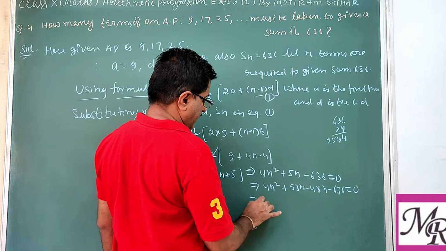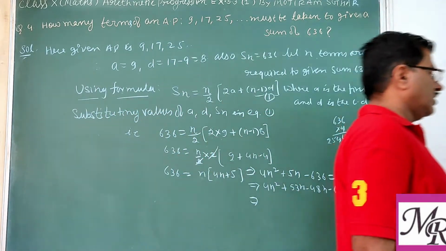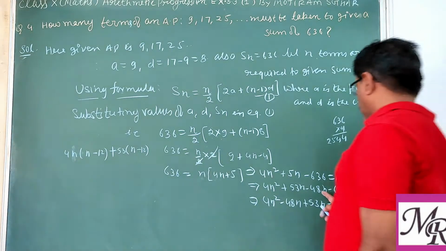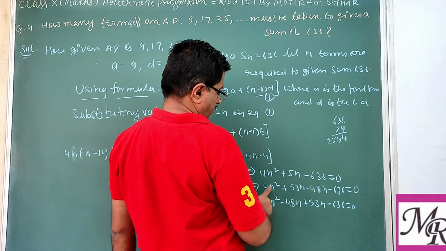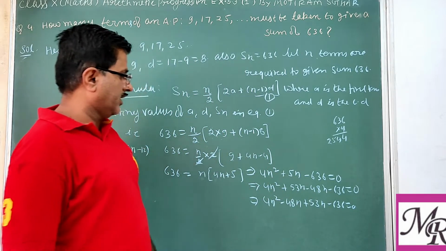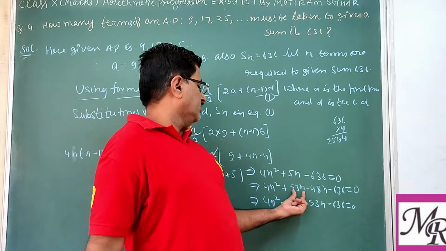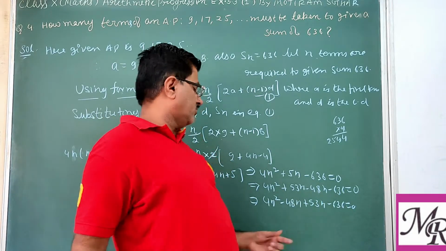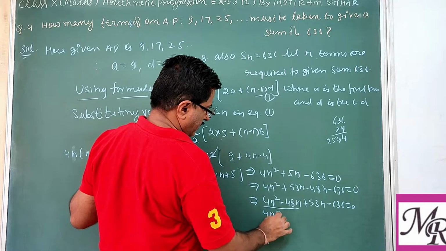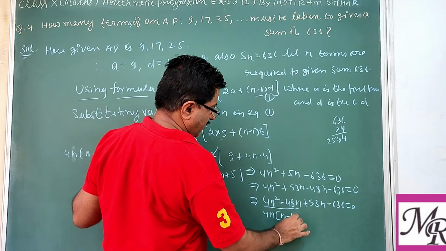Now you may write here 4n squared plus 53n minus 48n minus 636. So dear students, here we write first 4n squared and 48n, where we can take 4n common, and 53n and 636, where we can take 53 common. In the first, if you take 4n common, then here left n minus 12.